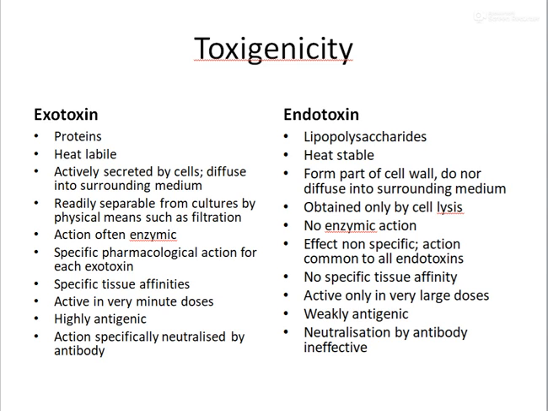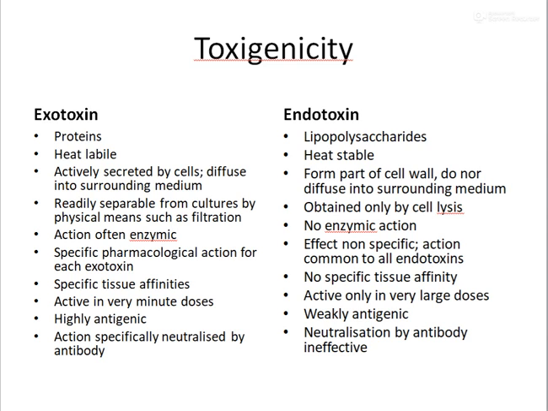Exotoxins are active in very minute doses, and they are highly antigenic. You know what antigenic means? If a substance is antigenic, it triggers the immune system. So if an exotoxin enters your body, it serves as a very good antigen and triggers an immune response within you.